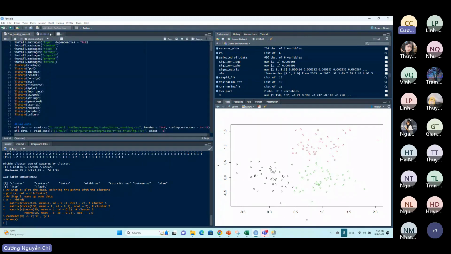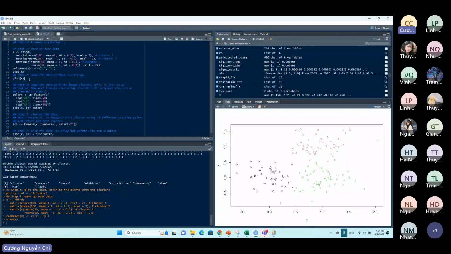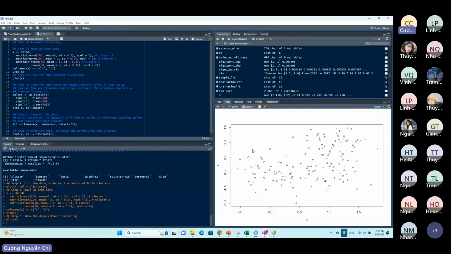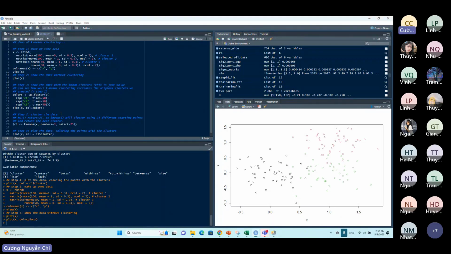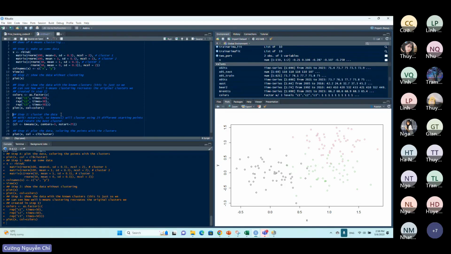And by running it, I can create a chart. This will be all 150 data points distributed in my scatter plot, to see how they interact. If I run it one more time, I can create a different chart.